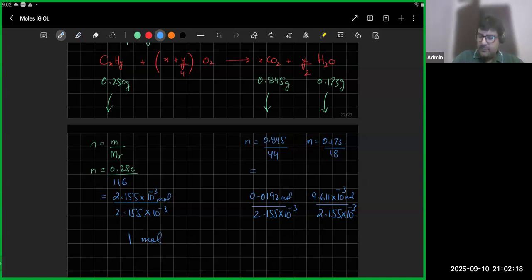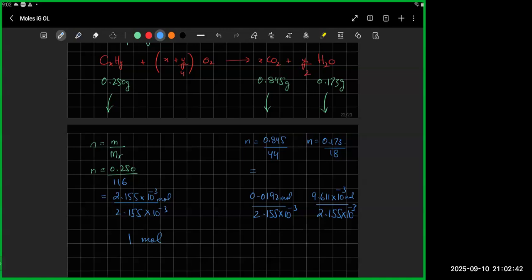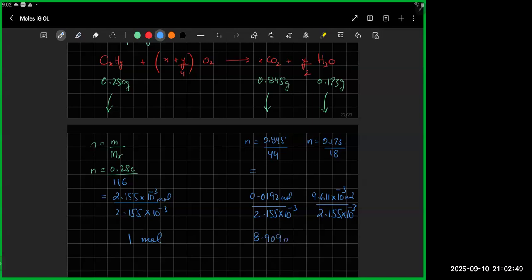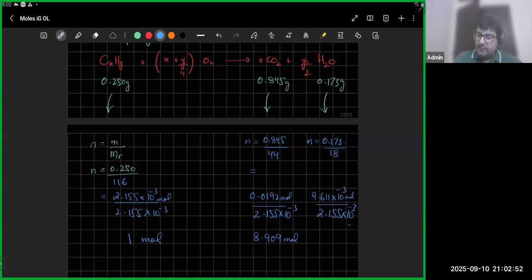What is 0.0192 divided by 2.155 exponent minus 3? क्या वैल्यू आ रही है? 8.909. Yeah, that's coming out to be 8.909 moles. Or what about the next one?